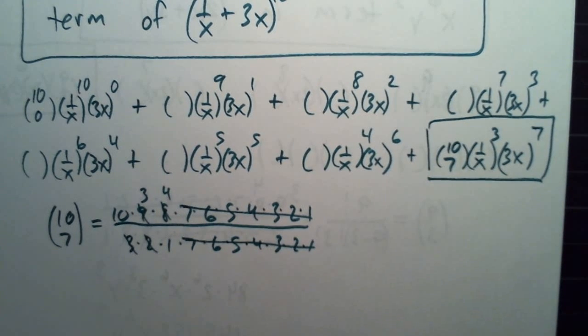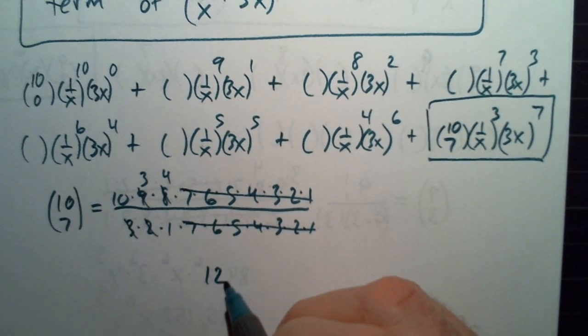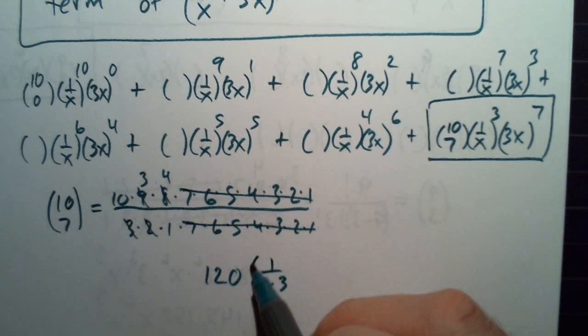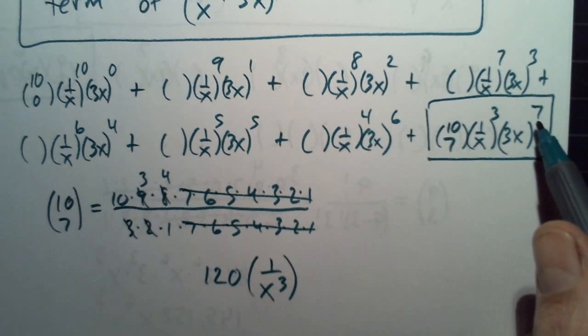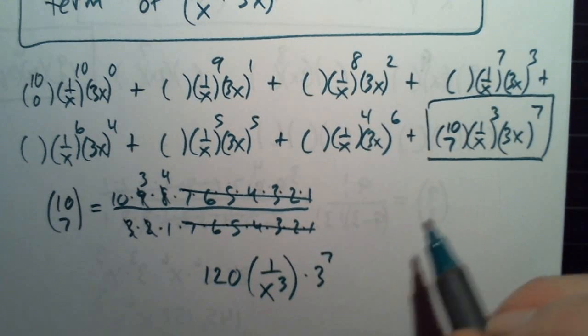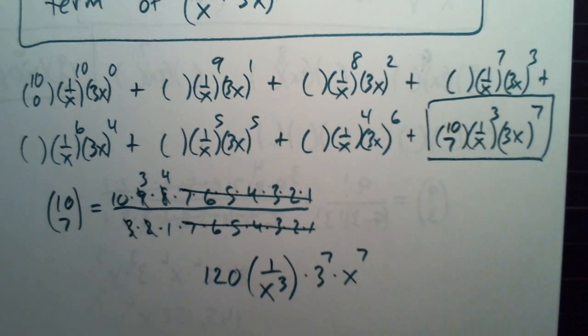So we'll have 120. This is 1 over x cubed. And then 7 to the 3rd power. 3 to the 7th power. x to the 7th.